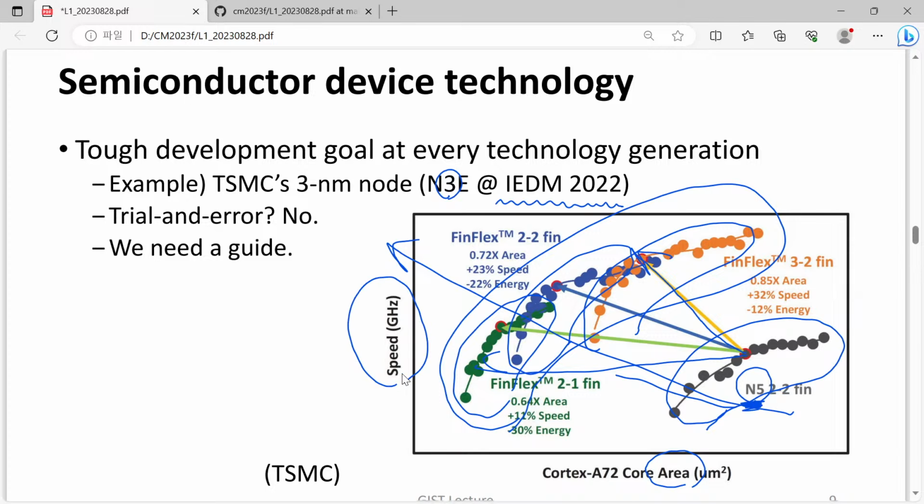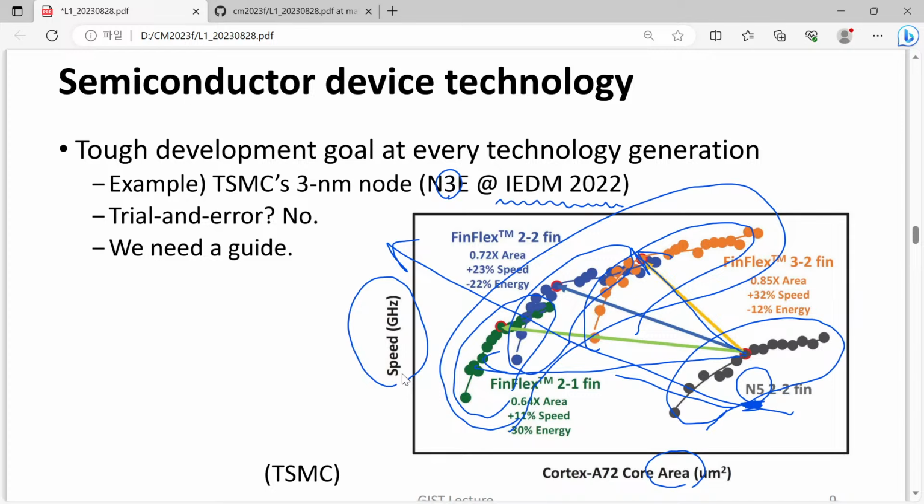So for example, if we are talking about a car, then it means that we are always asked to make a smaller engine size, however faster car speed. So that is required by our industry, the semiconductor device industry.